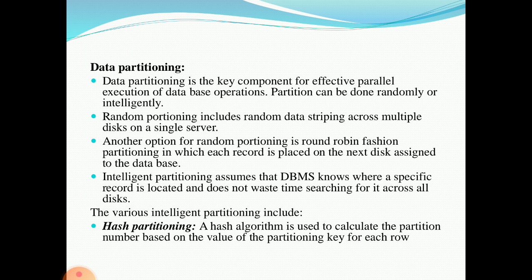Whenever your memory is full, the remaining data will be placed on the next disk, from where the records will be taken. That means it will be partitioned and the record stored in another disk.